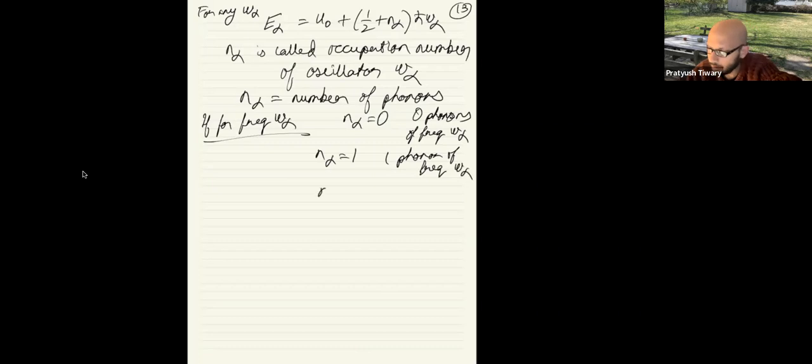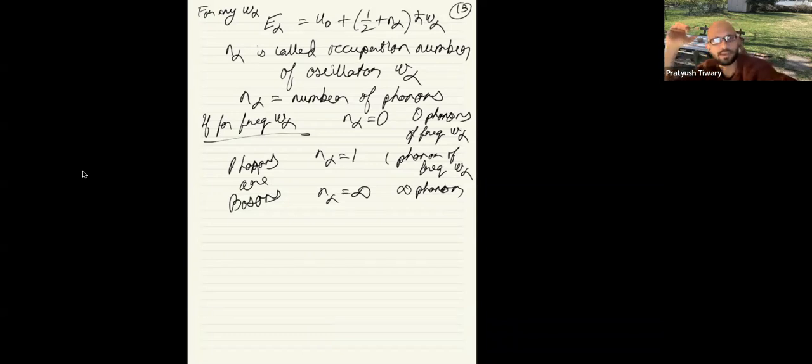And N alpha can be infinite. If N alpha is infinite, we would have infinite phonons. And that's why phonons are bosons. There is no restriction on their occupation number. They can go from anywhere from 0 to infinity.